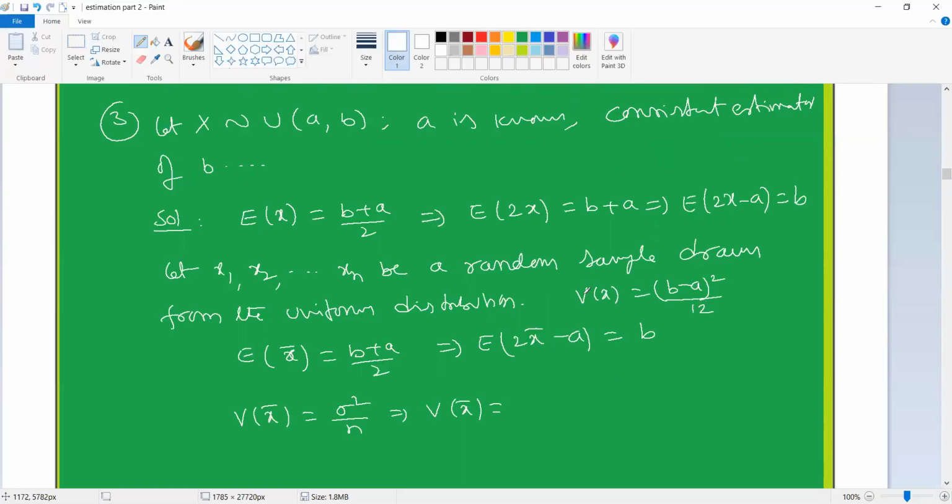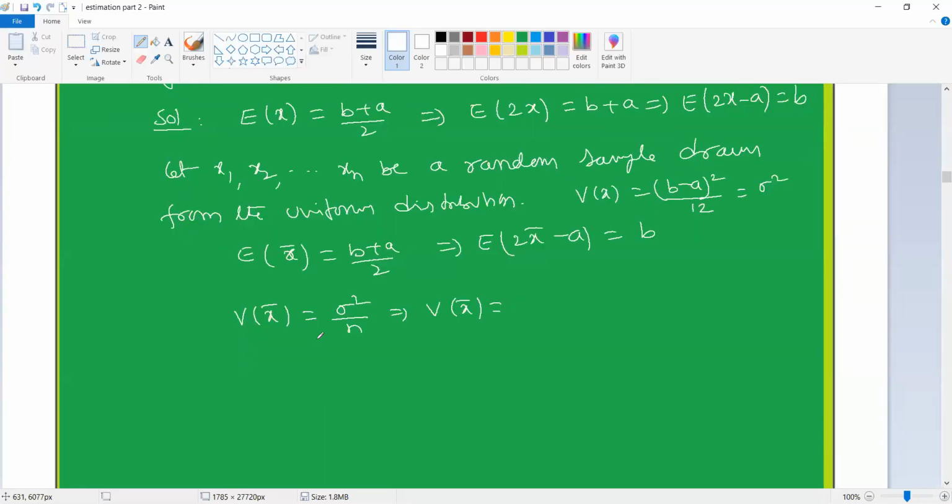It is denoted as sigma square. Thumb rule: variance of x bar means variance of the sampling distribution of statistic x bar, sigma square by n is the formula. Substitute here, sigma square is equal to B minus A whole square by 12n.